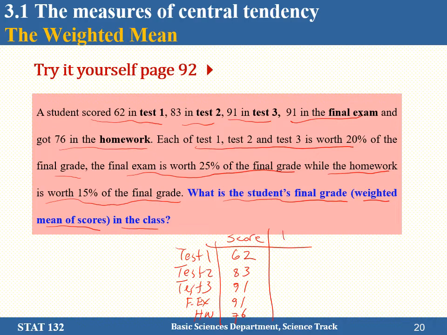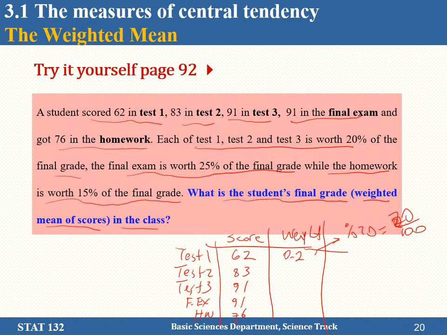And the weights of the scores in the final grade: it is 20%. So here you can say this is 0.2, which means 20%, like 20 over 100.